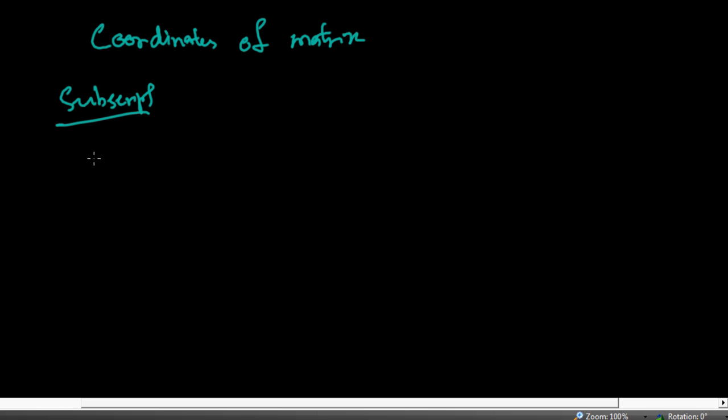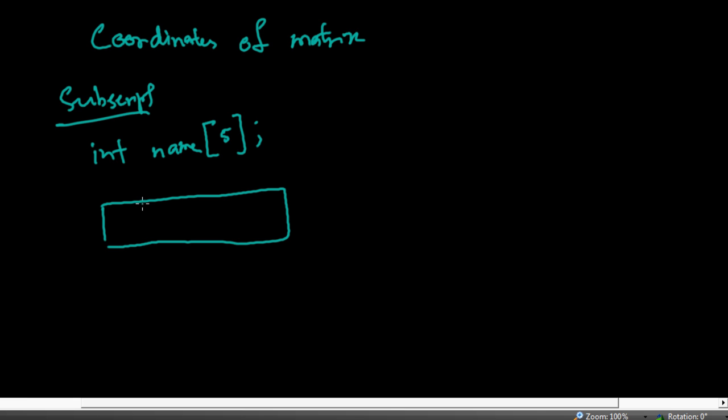So next we have to understand the coordinates of a matrix. Now remember, what is a subscript? Example, I'm creating a one-dimensional array. Let's say name[5]. So created this 1, 2, 3, 4, 5, 6.